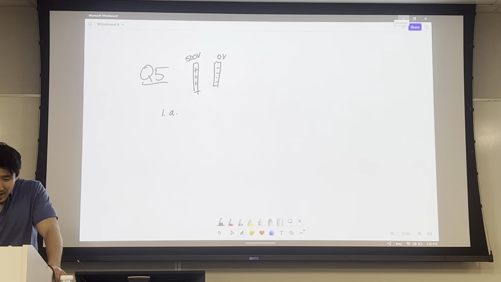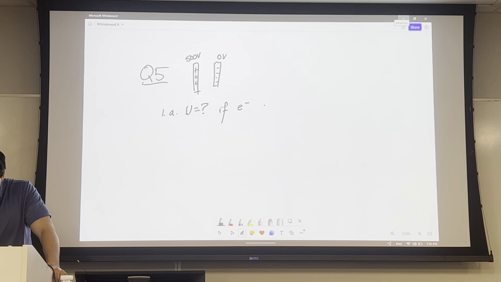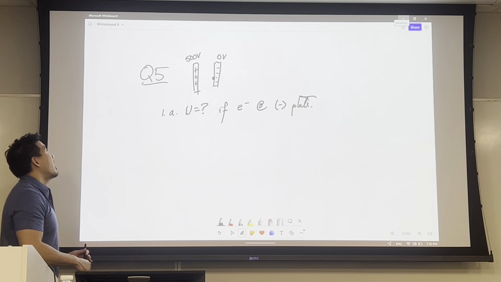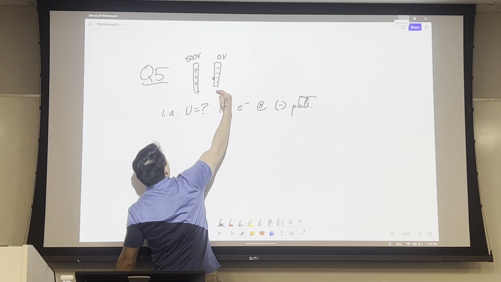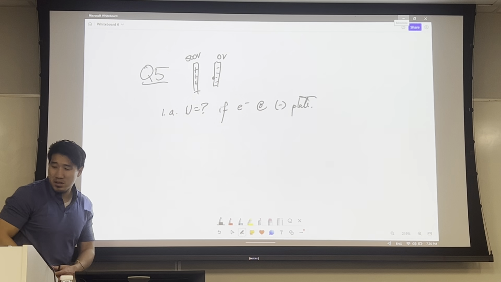In part A, I ask what is the potential energy U if the electron is at the negatively charged plate. So if the electron is right here, this negatively charged plate will shove it that direction.